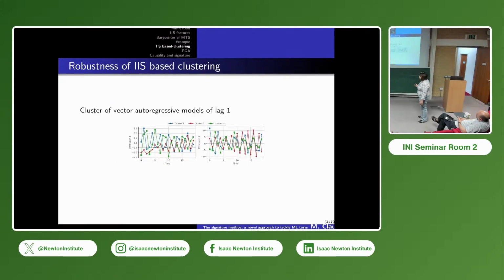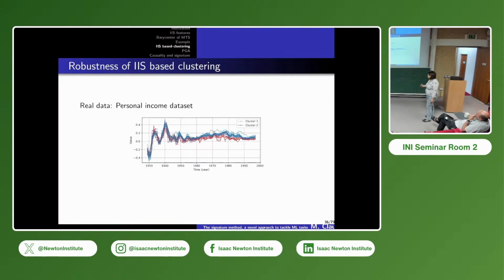And then, for example, we can use this as a preliminary step for clustering. So here is a silly autoregressive model, and here we have this data set. Depending on the country and the state, we can cluster the income data set.